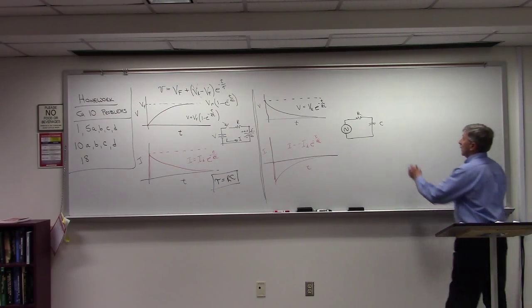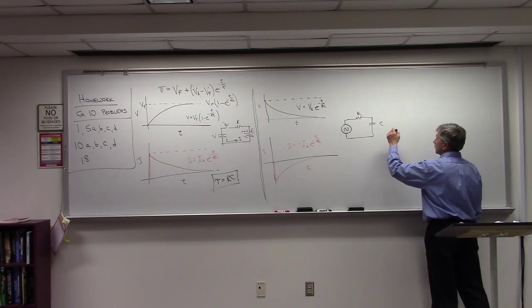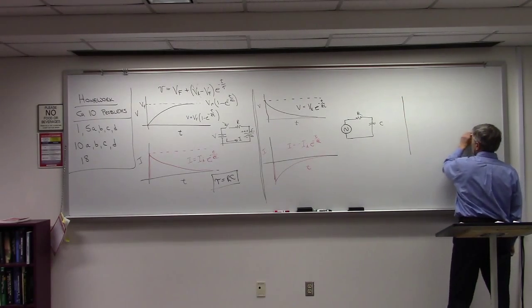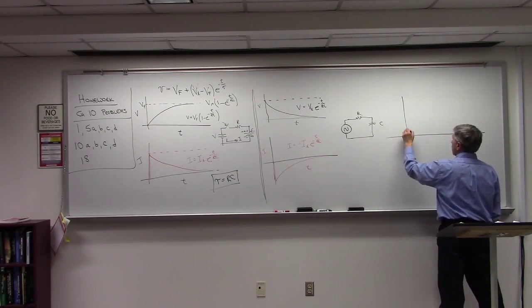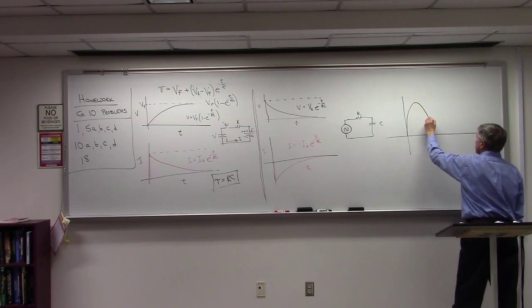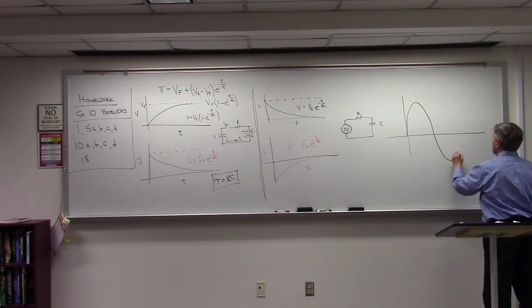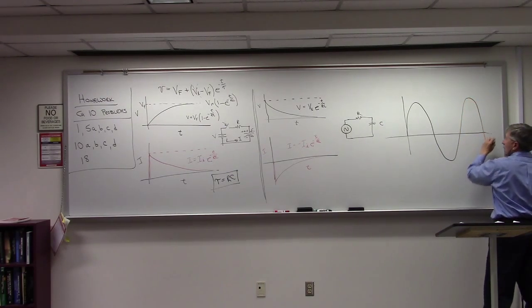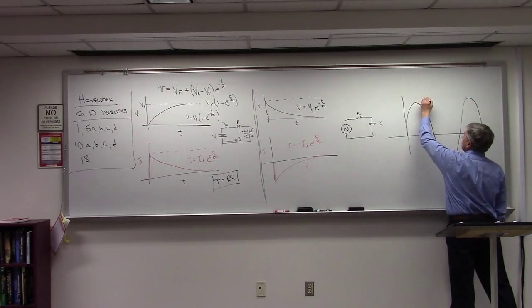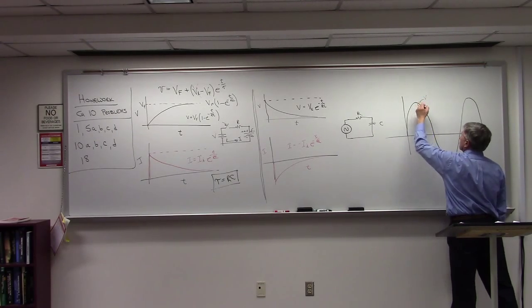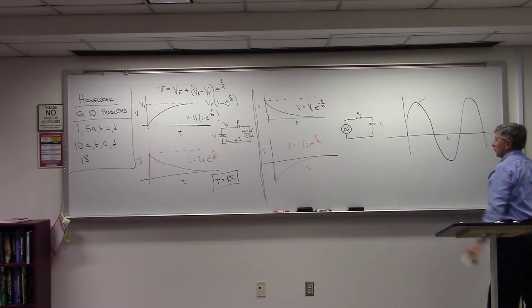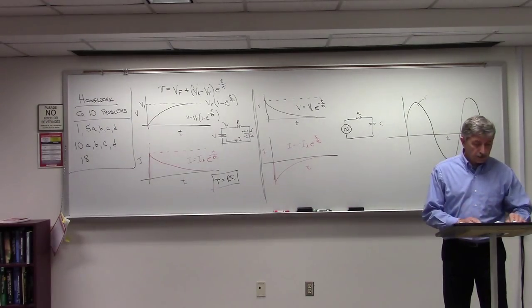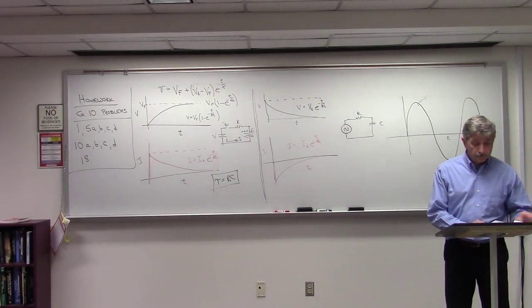What's going to happen is that, and we put in a meter to measure voltage and a meter to measure current, what we're going to find out is that we're just going to say that voltage is the reference. So I'm going to draw that at 0. We're going to find that the current is out of phase with the voltage by 90 degrees.